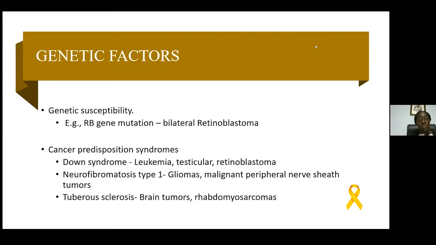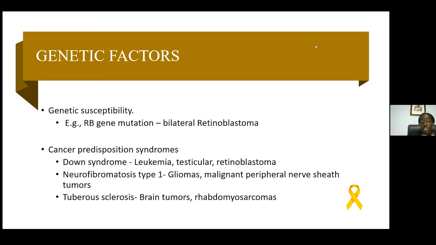So we want to look at some of the genetic factors that account for susceptibility to cancers. As I stated earlier, there are certain genes in our cells that regulate cell growth, and one such gene is the retinoblastoma gene. It's a tumor suppressor gene. What it does in basic terms is that it prevents the growth of abnormal cells. It's like a cell division police, so that it wouldn't allow the bad guys to go and multiply and increase.